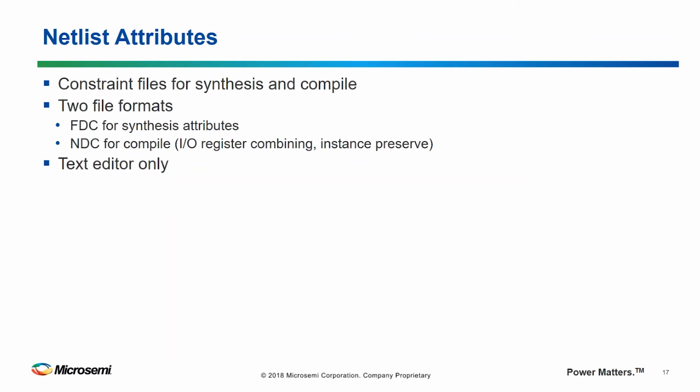The last tab is the Netlist Attributes tab. And the Netlist Attributes tab allows me to put in two different types of Netlist attributes, one for synthesis, which is called an FDC synthesis attribute constraint, and another one for layout, which is called an NDC.